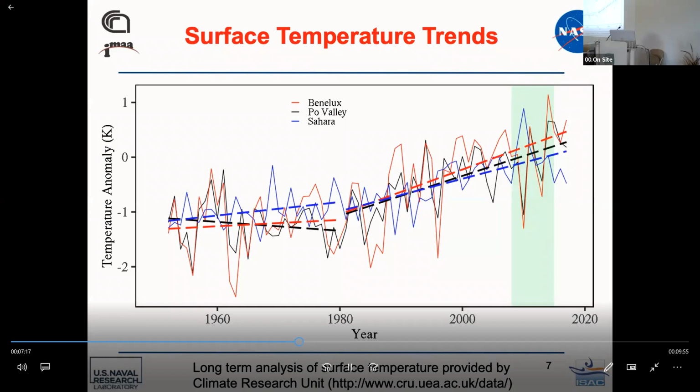Of course, this is also because of the CO2 emission that is influencing all three regions. But this is surface temperature.